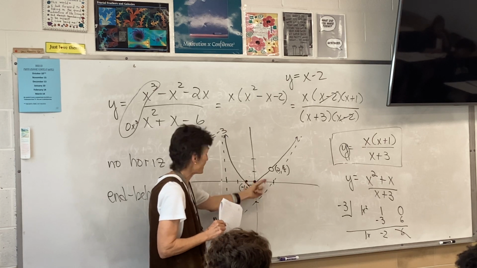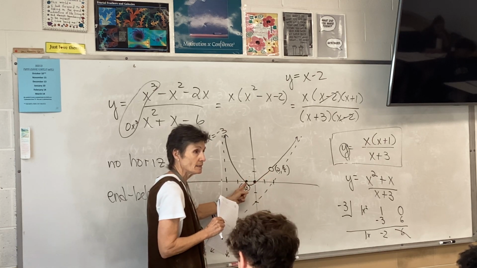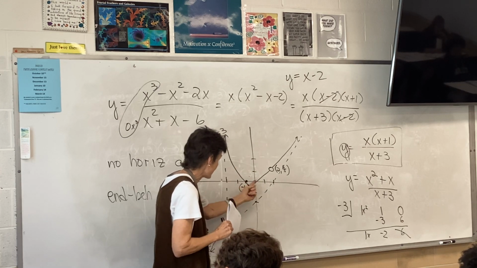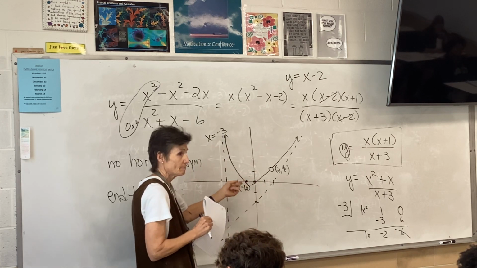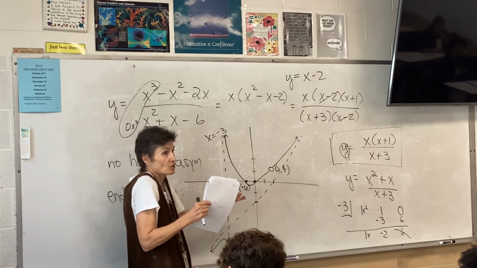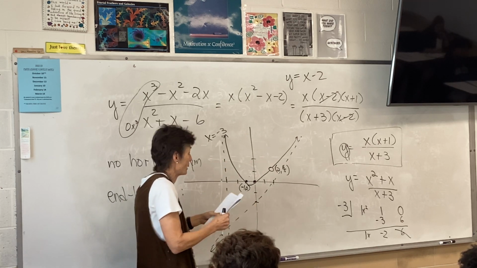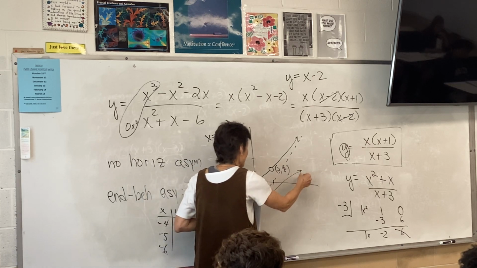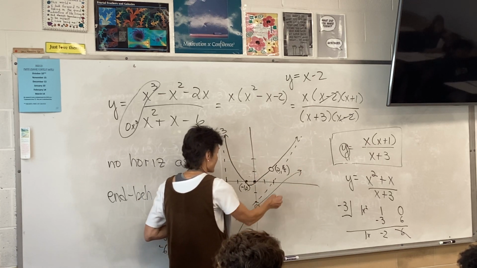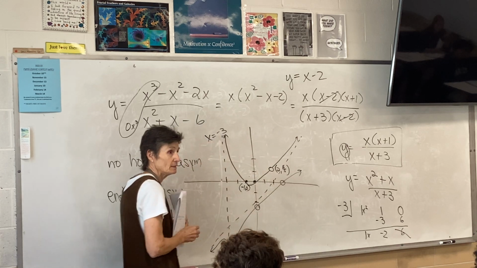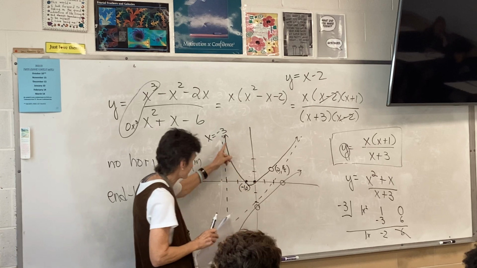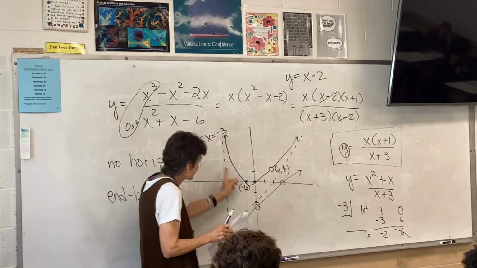It has to contain these 3 points, and it can't cross the axis anywhere but where these 2 points are right here. So it's process of elimination. There isn't anything else that it could look like. It could be down here, but it can't because I don't have intercepts there. So it has to be up here, picking up all of these points, getting framed by its asymptotes.